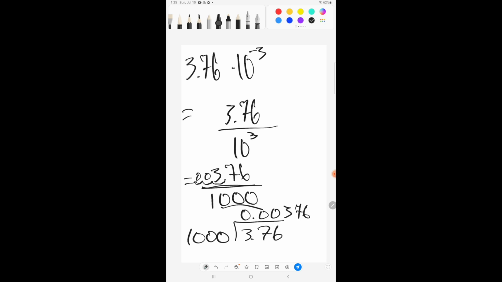And I'll show you. So we have 3.76 times 10 to the negative third. Move it over 3 times because we have 3 zeros. Or you can look at this exponent and say, okay, move it over 3 times. There's a negative, so we're moving to the left.